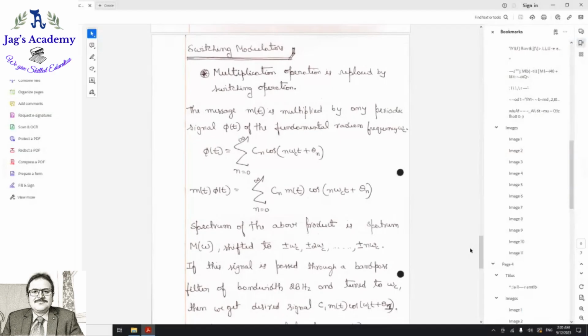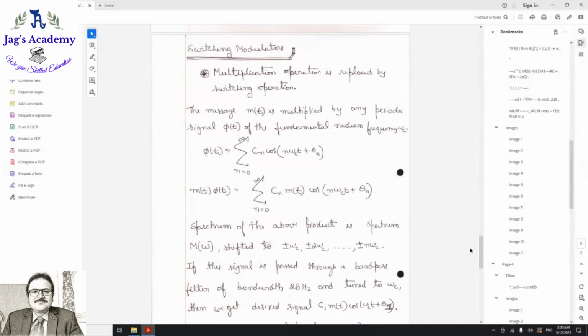Right? So let that periodic signal phi of t be equal to summation from n is equal to 0 to infinity Cn cos of n omega ct plus theta n, where theta n is the phase of this.